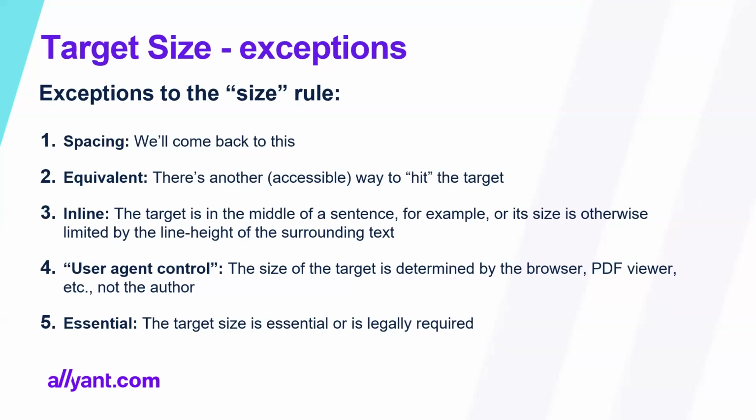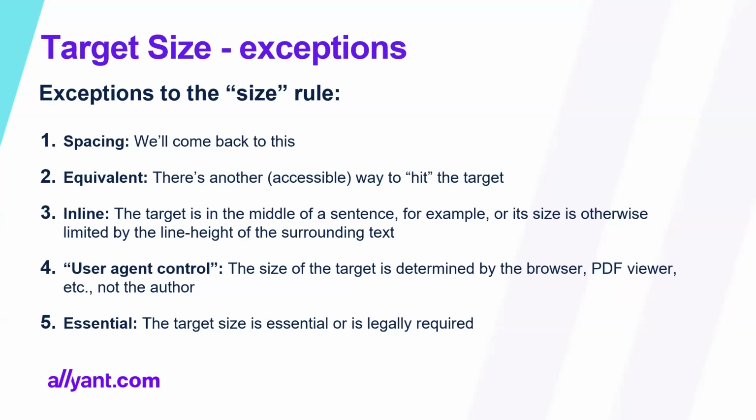Inline is the next exception. So if the target is in the middle of a sentence, for example, or if the size is otherwise limited by the line height of the surrounding text. So this may very well be the exception that might apply to footnote references, for example, right?